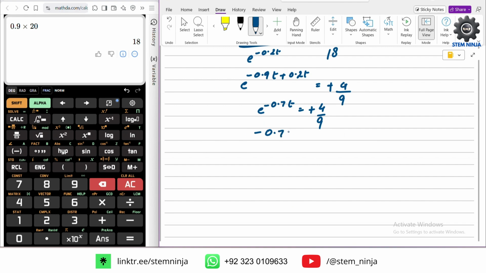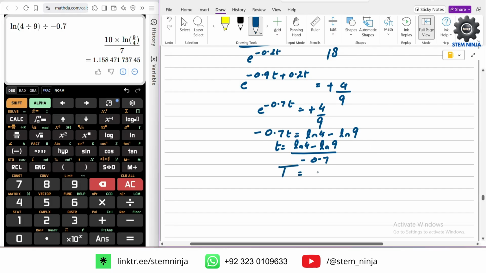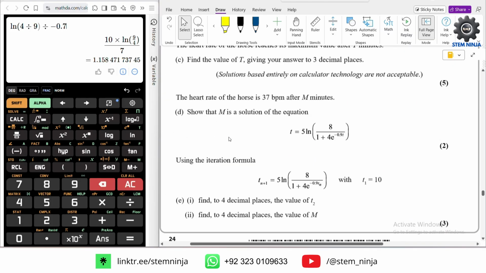So now we take the ln. So minus 0.7t equals ln 4 minus ln 9. So t would be ln 4 minus ln 9 divided by minus 0.7. So ln 4 over 9 divided by minus 0.7. So this is 1.16. 3 decimal places.